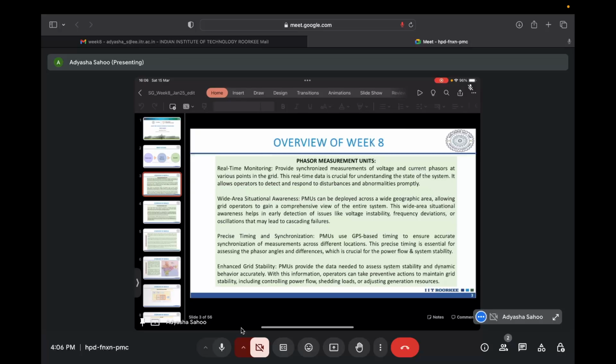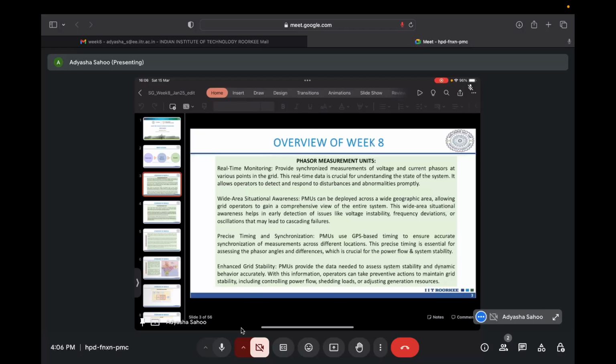Thereafter, we will move towards our discussion on cyber attacks, different types of cyber attacks, and detection techniques. Then we will also have a look at virtual inertia and various demand side management techniques that are being discussed widely. With this, let us start with the PMUs.